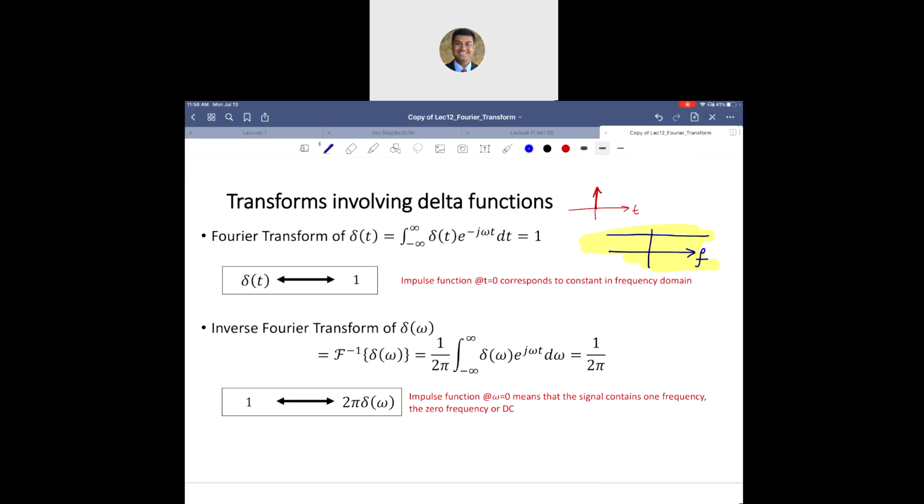In other words, instead of saying 1 divided by 2 pi, the Fourier transform pair is just delta of omega.